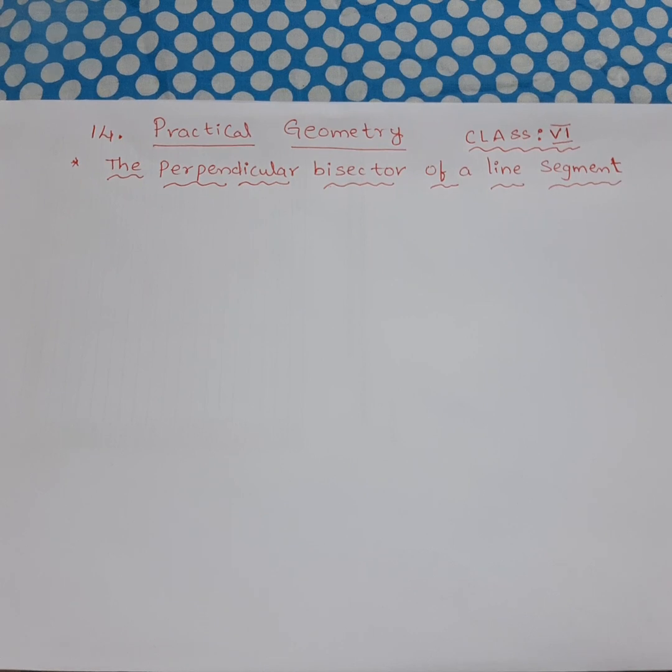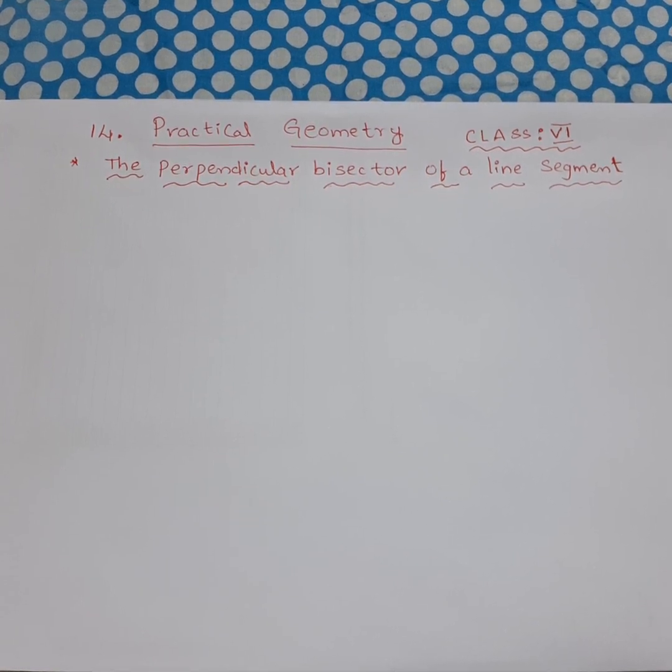Perpendicular means it makes an angle of 90 degrees with the line, and bisector means it divides into two equal parts. So a perpendicular bisector is the line which makes an angle of 90 degrees with a given line, and as well as divides it into two equal parts.